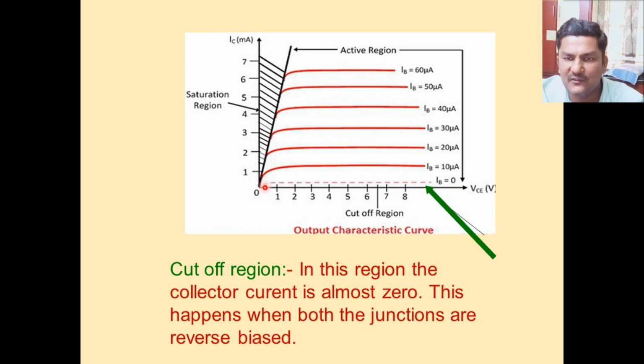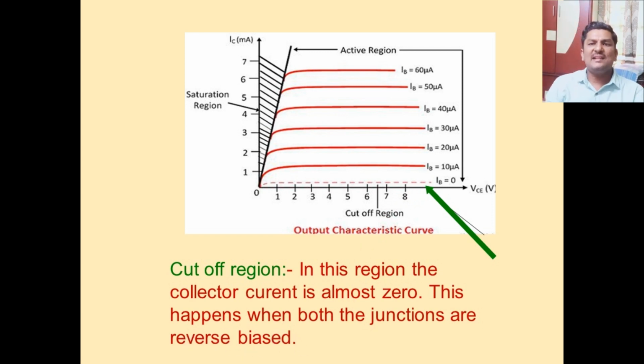If a graph is very close to the x-axis, it means that the y value is very close to 0. So in this region, the y component, that means the collector current, is almost 0. With this arrow I marked the cutoff region.